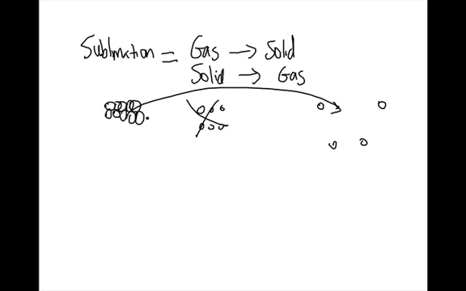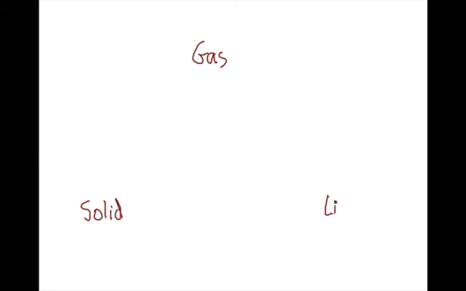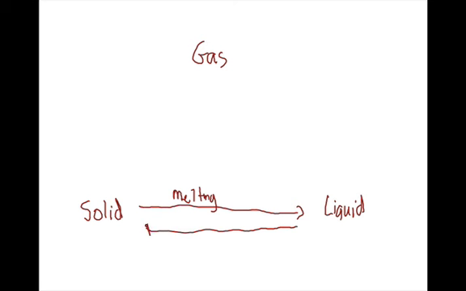There's a nice little way that you can picture this if you want, in terms of drawing it to see it. So if I put up here gas, and over here solid, and over here liquid, we know that between a solid and a liquid, melting can occur, and I can send it back the opposite way by saying that freezing is going to occur.